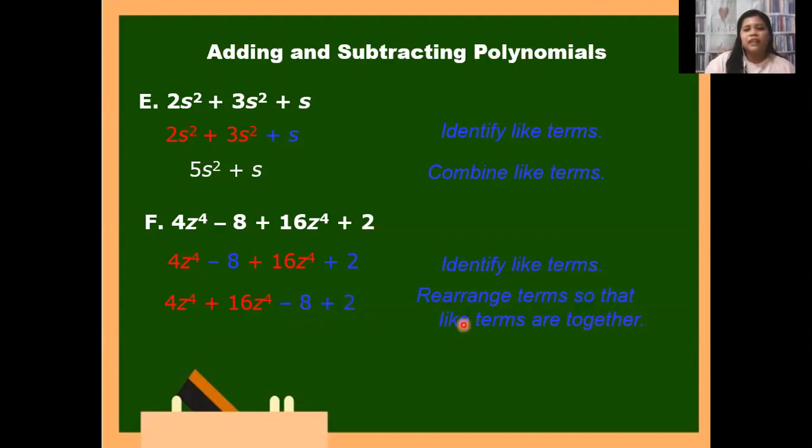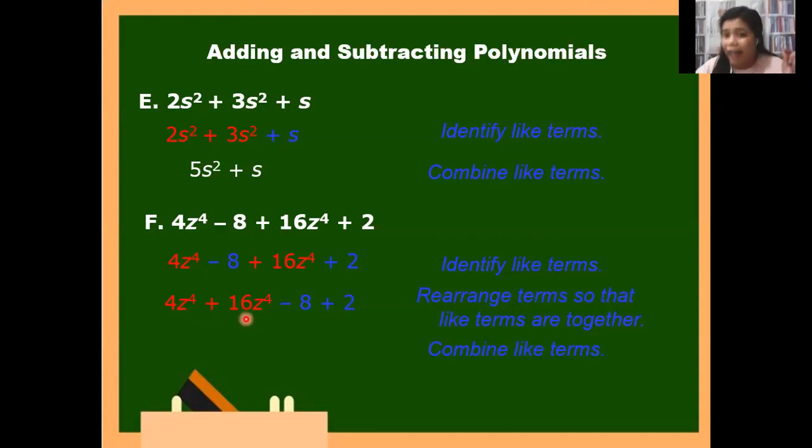So after rearranging, since like terms are together already, we can now proceed to combining similar terms, which is we need to solve it using the operation given. So here we have 4c to the fourth plus 16c to the fourth. As you can see, this term involves addition as their operation.